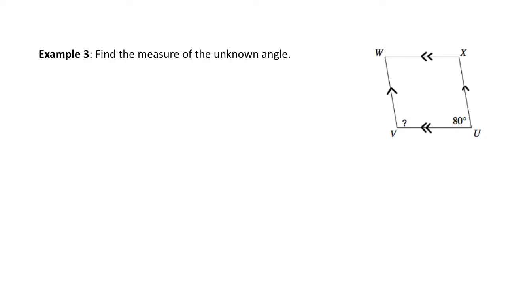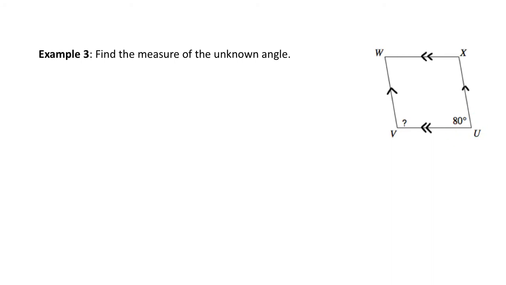The same applies for line segment WV, marked with 1 arrowhead, and line segment XU, marked with another arrowhead. So these 2 line segments are parallel. We're asked to figure out the measure of the unknown angle. Angle V is marked with a question mark, and we are told that angle U is 80 degrees.